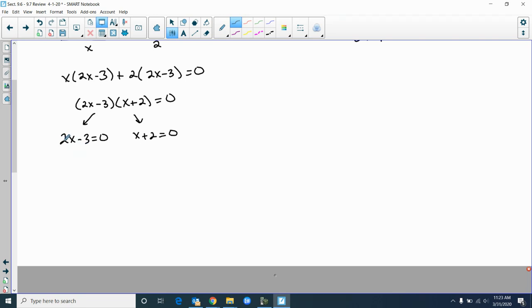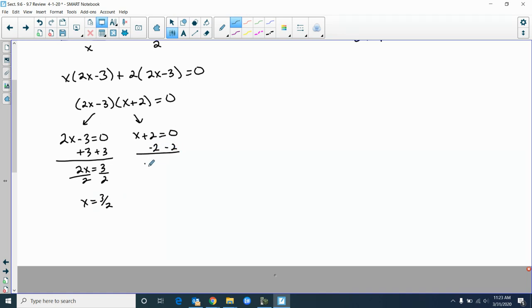All right, now since it's not automatically going to be that number, some people automatically just jump to and put it as a 3. You have to add 3. And then when I divide by 2, just leave it as 3 halves. You don't need to write it as a decimal.